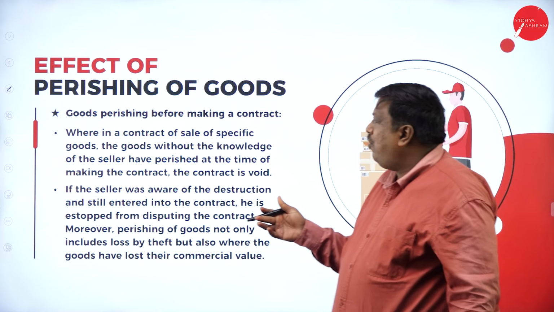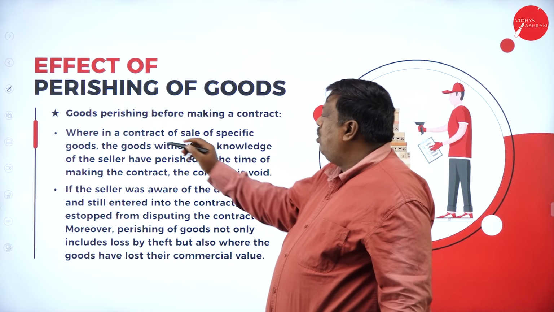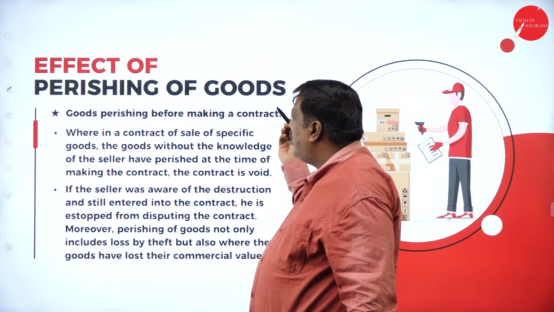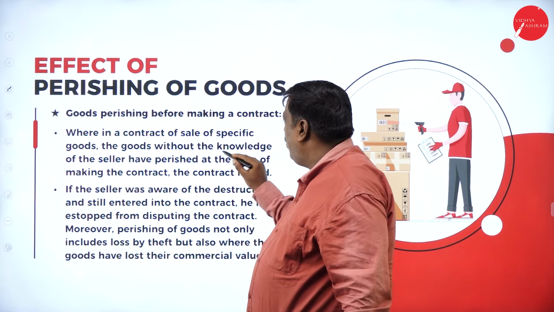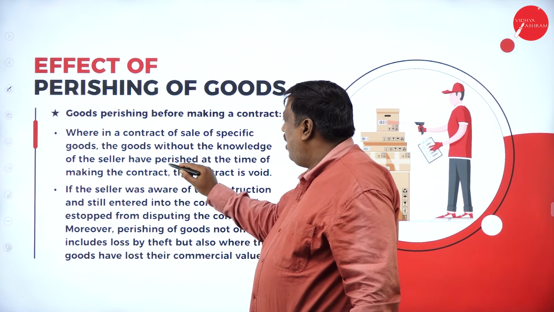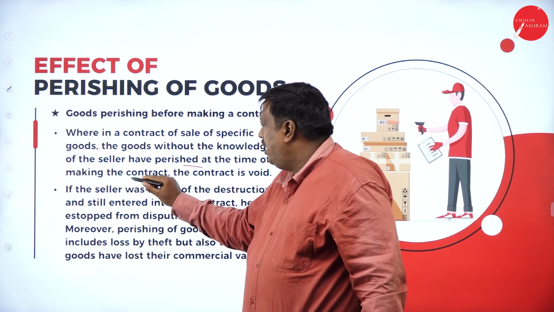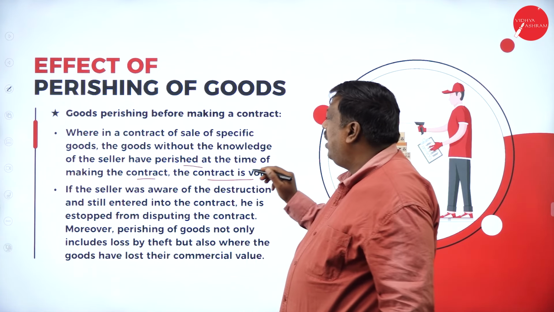Next, effect of perishing of goods. Goods perishing before making a contract: where in a contract of sale of specific goods, the goods without the knowledge of the seller have perished at the time of making the contract, the contract is void.